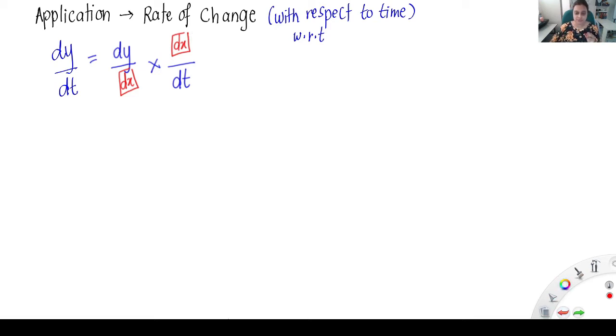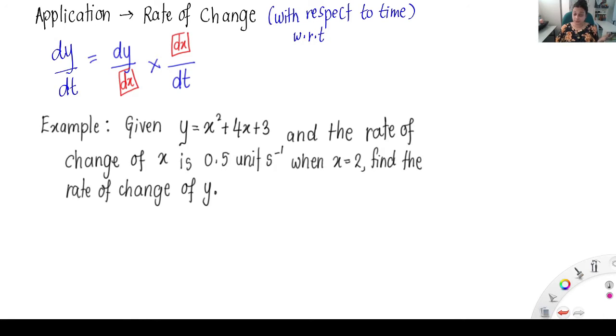Teacher is going to show you an example so that you can clearly see how this formula works. Let's look carefully at this example. Given that y, the equation, is x squared plus 4x plus 3, and the rate of change of x is 0.5 units per second.